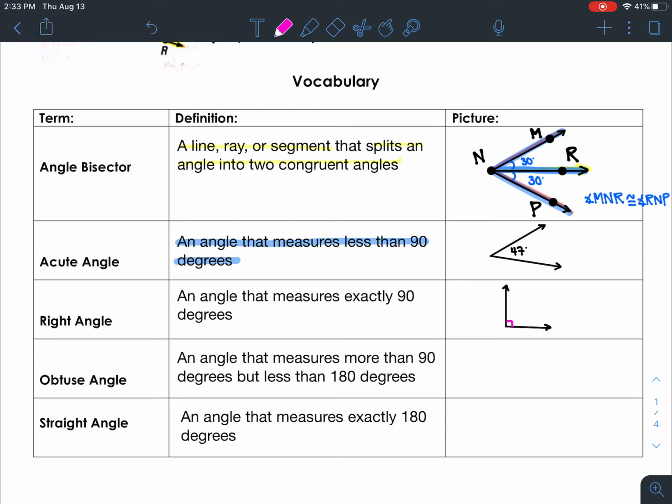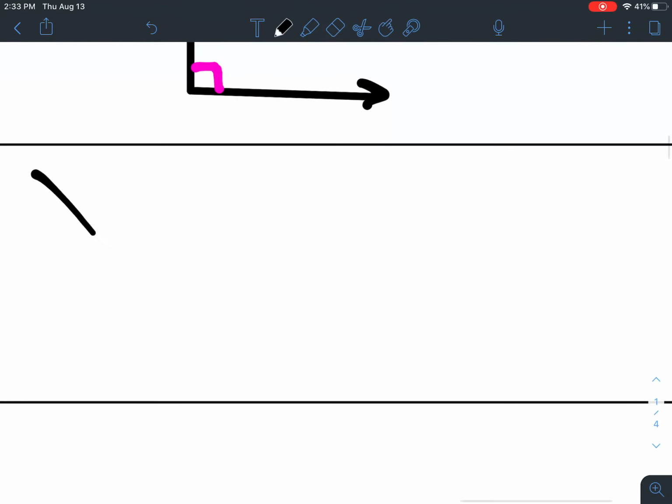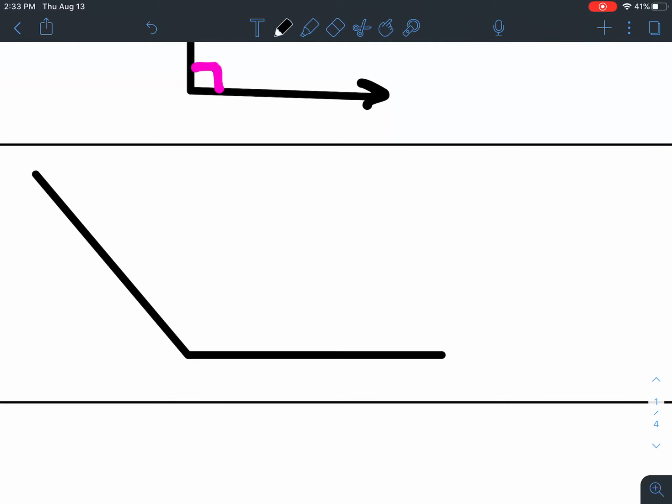Now, an obtuse angle is an angle that measures more than 90, but less than 180 degrees, okay? So we're going to make this about, let's say, 120 degrees. So this full angle right here is 120 degrees.